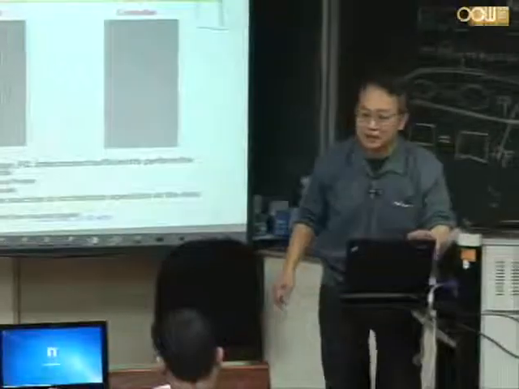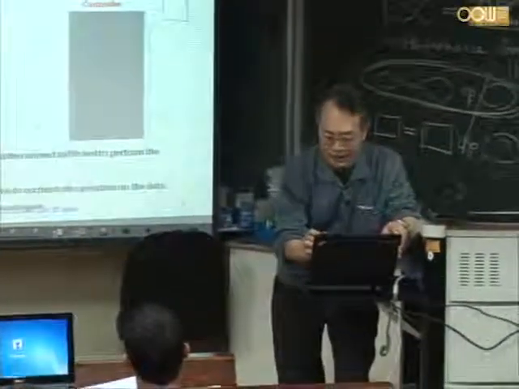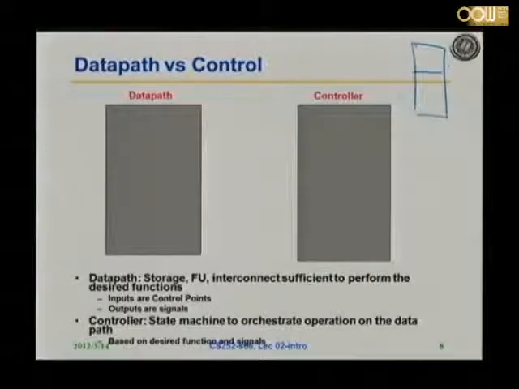So in order to do that, a CPU can be divided from the hardware view into one part called the controller and the other part called the data path. And the data path has another name called processor. So processor could mean the whole thing or could mean the data path only.